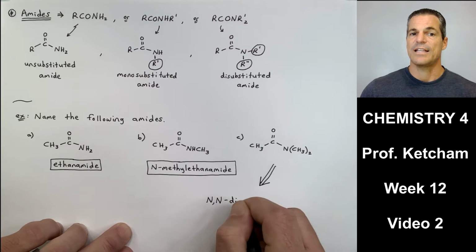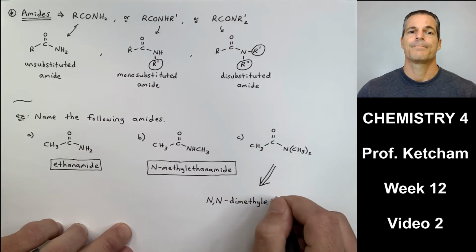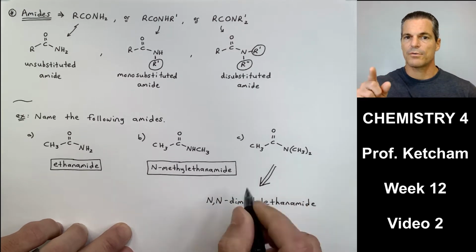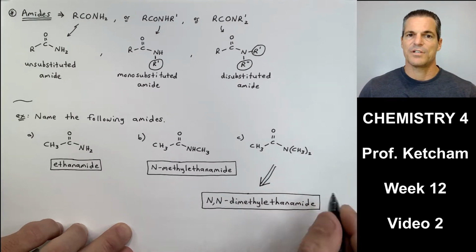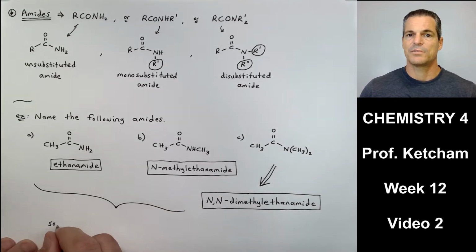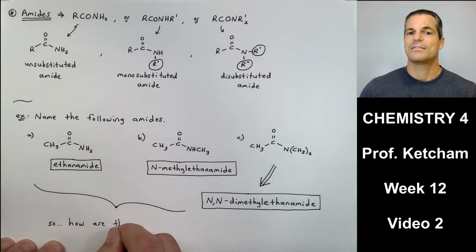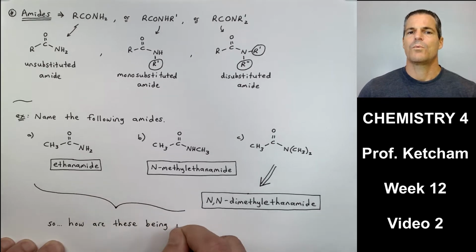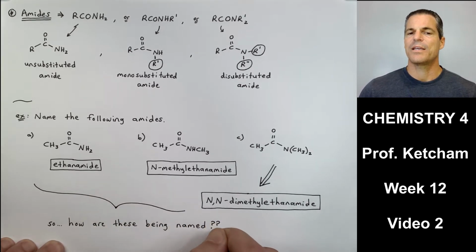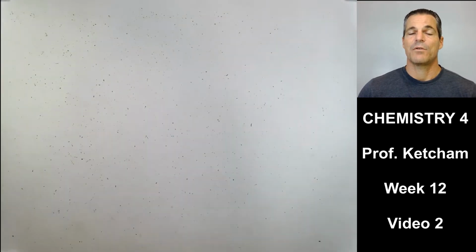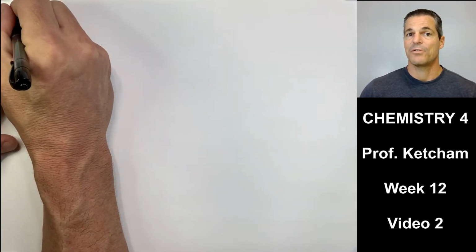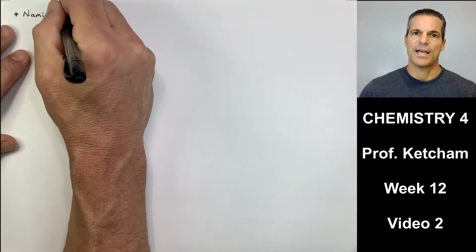So we call it N-methyl ethanamide. In C, we have 2 methyl groups dangling off of the nitrogen. This one's disubstituted. So it's N,N-dimethyl ethanamide. So what are those big N's? Those big N's just mean that whatever I'm talking about next, like methyl or ethyl, is attached to that nitrogen.